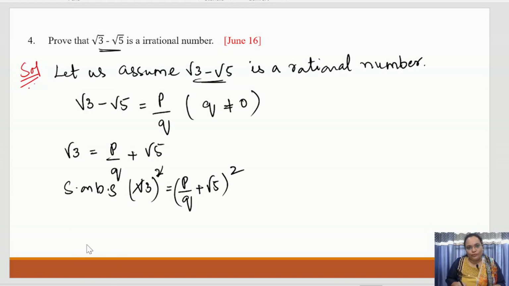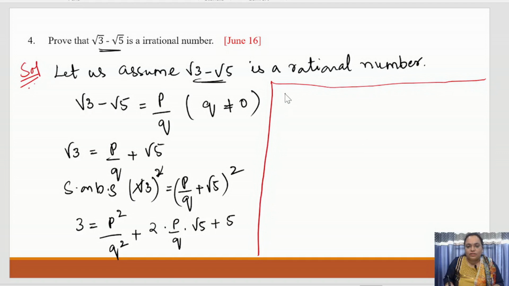So square and root will get cancelled, which is 3 is equal to p square by q square, applying (a plus b) whole square, plus 2 into p by q into root 5 plus root 5 whole square, which is 5. So 3 is equal to p square by q square plus 2 root 5 p by q plus 5.